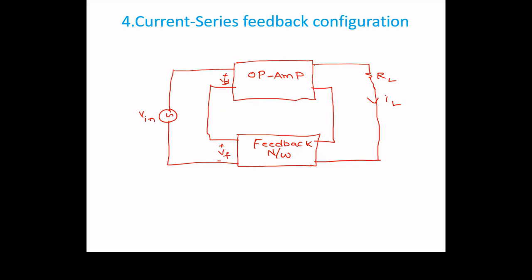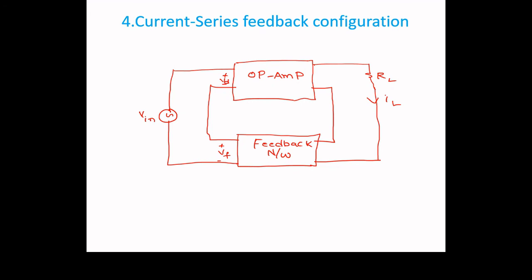The major difference is whenever the device is operating in open loop, there is no connection between the output and input. Whenever the device is operating in closed loop, there is a connection between the output and input.